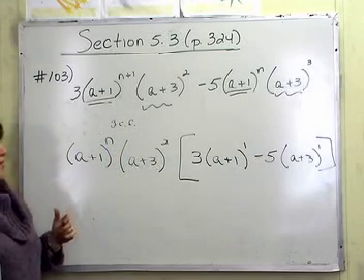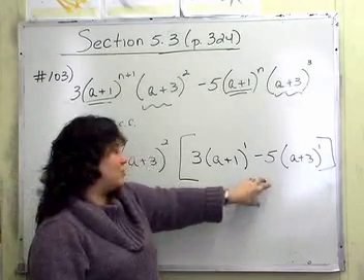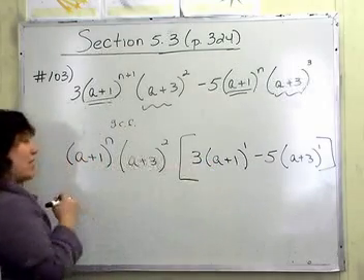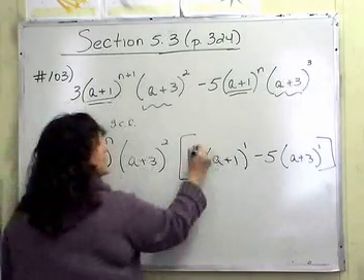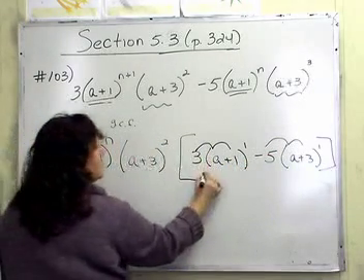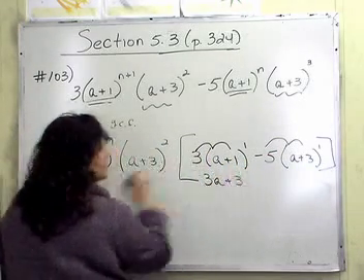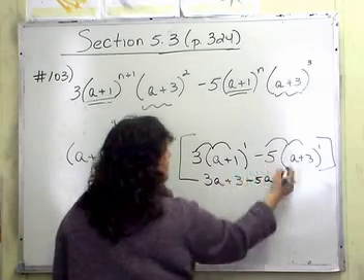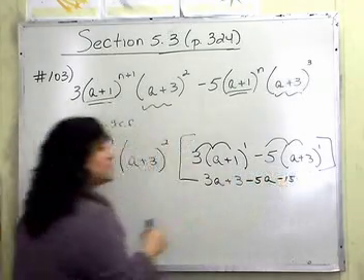Well, we factored. But in this factor, we can simplify it. We can leave the answer as it is, or we can recognize here we can distribute and simplify things. So 3 times a is 3a, 3 times 1 is plus 3. Negative 5 times a is negative 5a, negative 5 times 3 is minus 15.